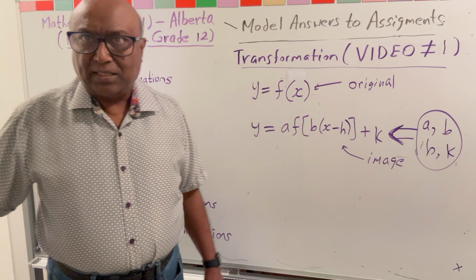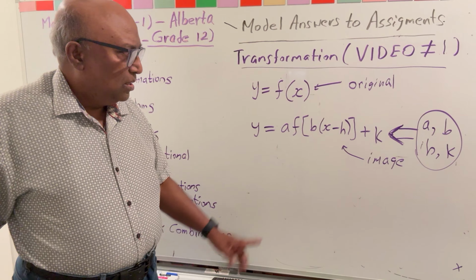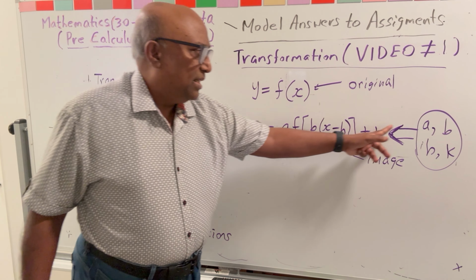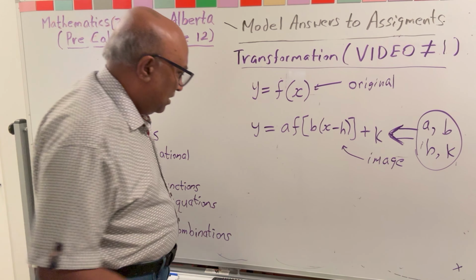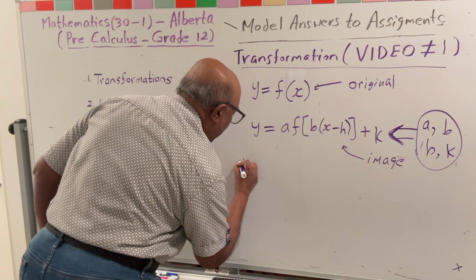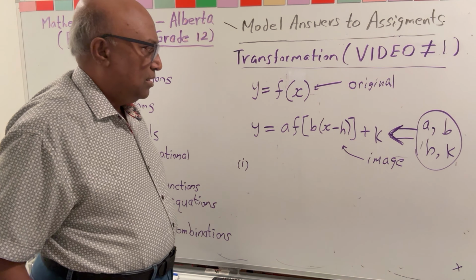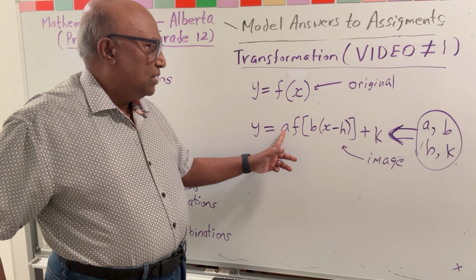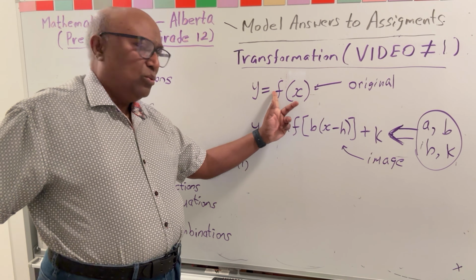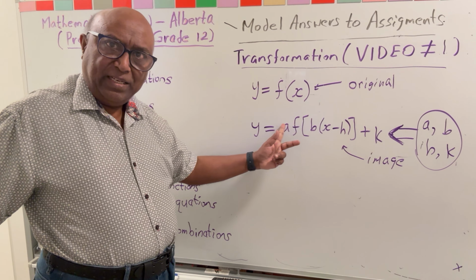Okay, now shall we discuss the effect of these parameters A, B, H, K. What is the effect of A? That means the original function has been multiplied.